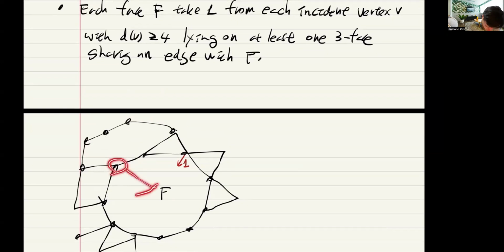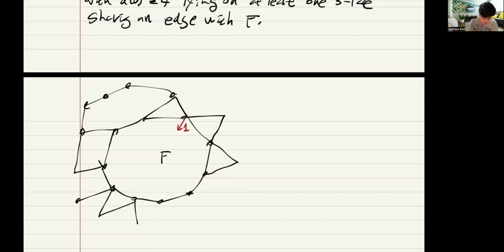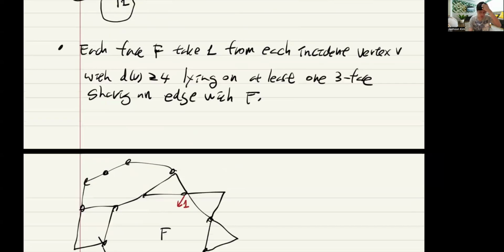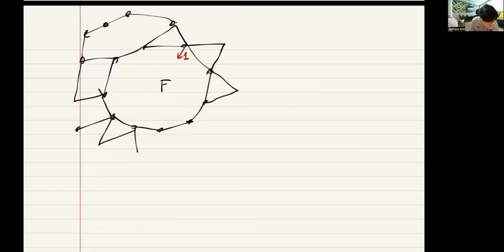And this does not give to here because this is degree 3, but there is no triangle, no 3-face, that contains this. So this does not give. This also does not give. This gives 1. This gives 1. This gives 1 to this F. So that's our discharging rule.